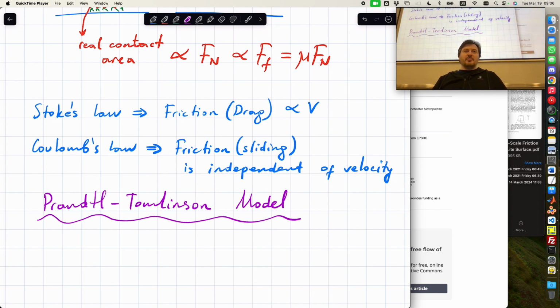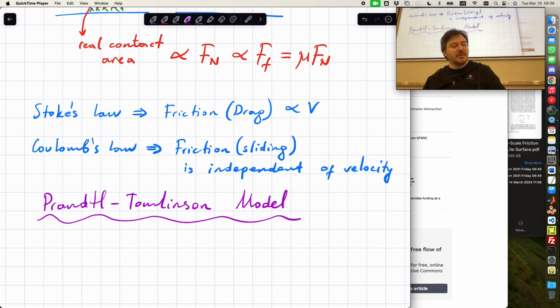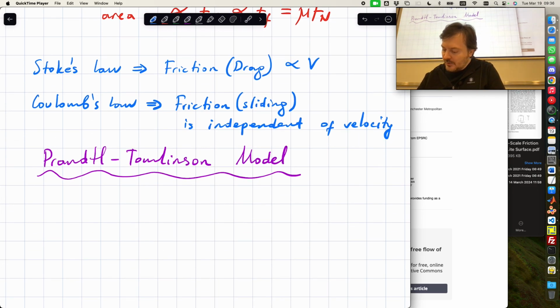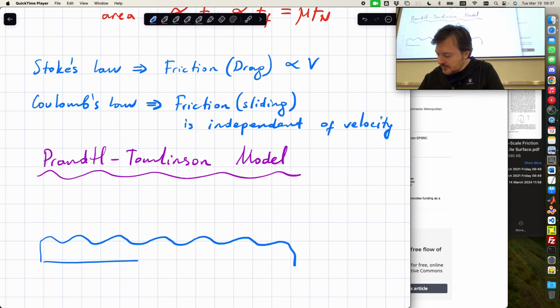It's mainly due to Prandtl, really, okay? So you can call it Prandtl model as well. So here's what Prandtl model considers. Again, sliding friction, but let's take the bottom part as a sinusoidal potential.